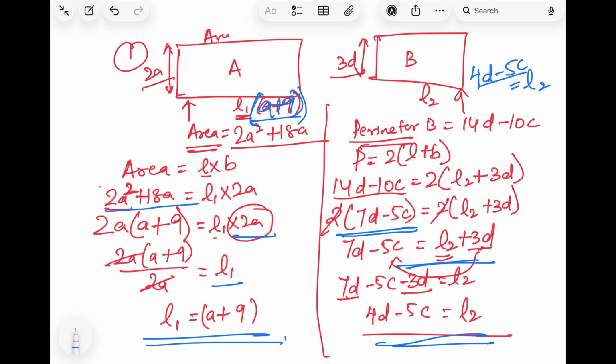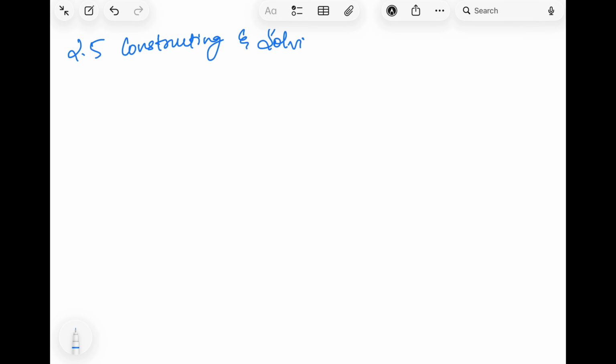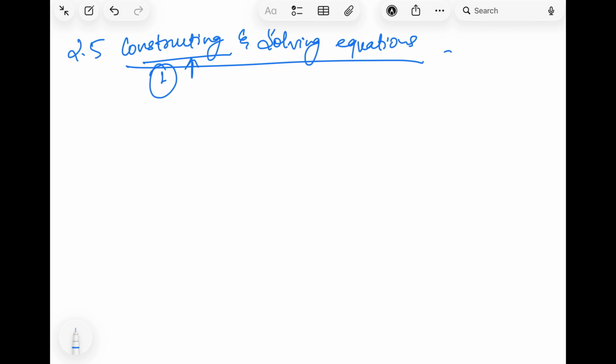Okay, next topic now to start, that is the 5th topic of this chapter, is constructing and solving equation. So this topic actually half we have done already. Constructing equation we have already done as our first topic, right?